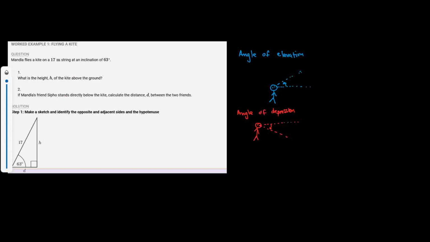If I read this question carefully, let's go through it. It says Manla flies a kite on a 17-meter string. So this is 17 meters.